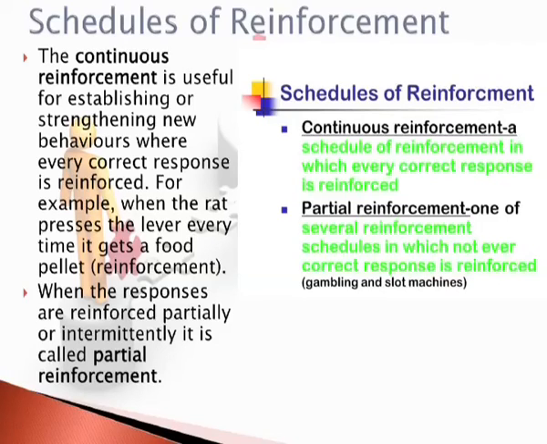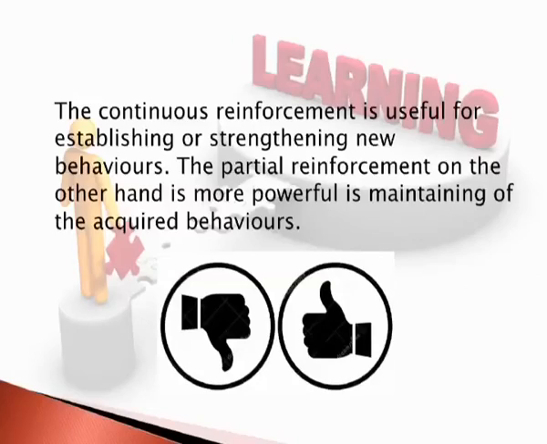For example, when the rat presses the lever every time it gets the food pellet, reinforcement. Alternatively, some of the responses are reinforced partially or intermittently. Partial reinforcement, on the other hand, is more powerful in maintaining the acquired behaviors. Let us see what you have learned so far about classical conditioning and operant conditioning.